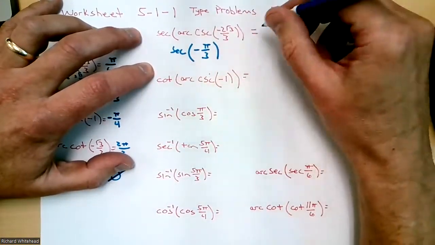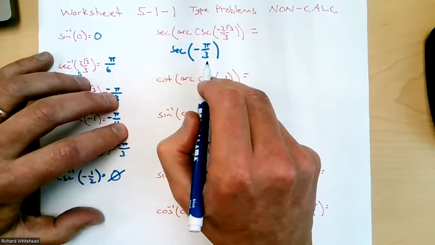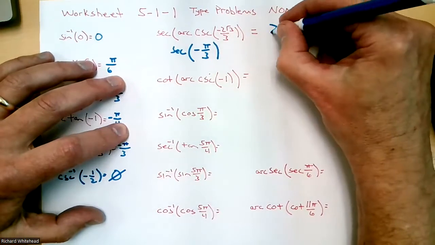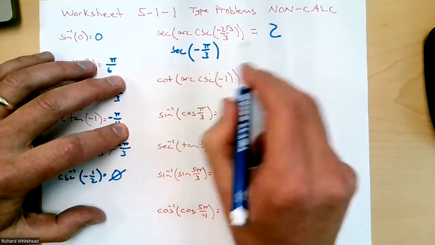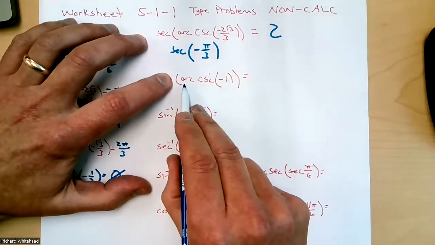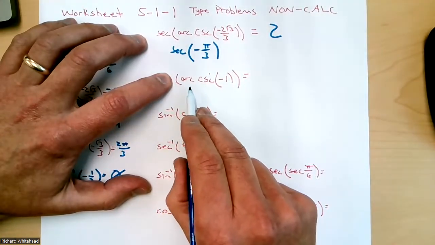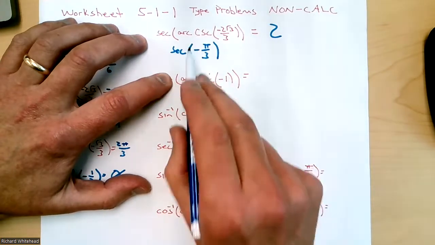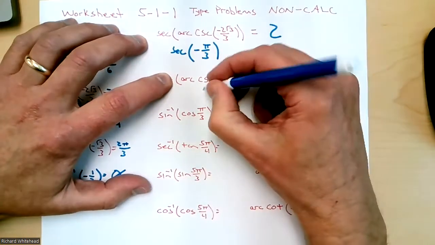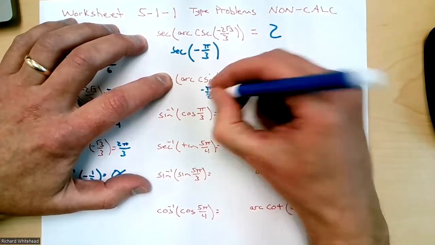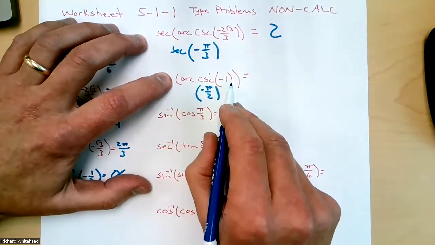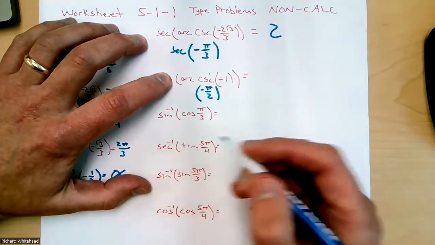Secant at the 60s is 2, and negative pi over 3 is the fourth quadrant, and secant in the fourth quadrant is positive. Like here, you say, when does cosecant, arc means inverse, I've got to emphasize that, equal negative 1? That happens at negative pi over 2. It's not 3 pi over 2, even though it wouldn't actually affect this problem because of our negative pi over 2 to pi over 2 restriction.